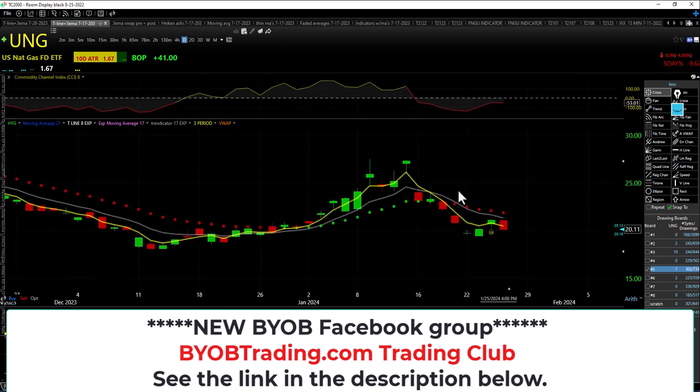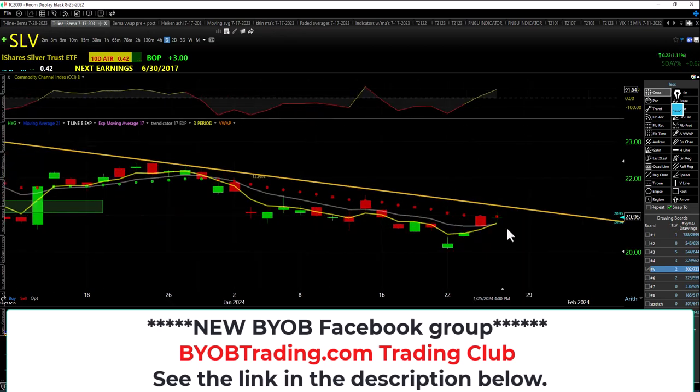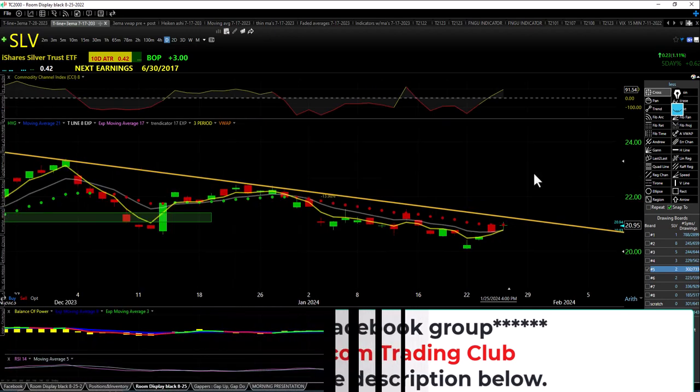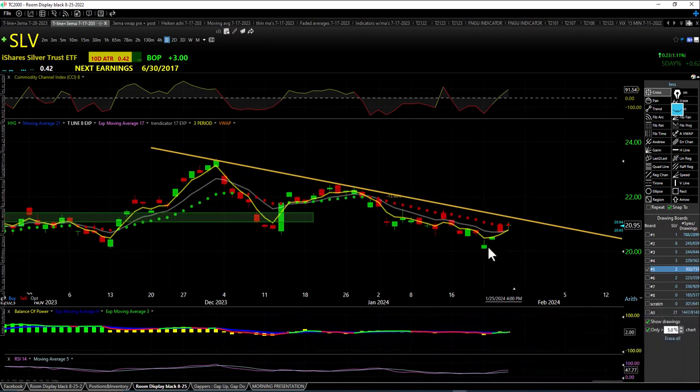Let's take a look at precious metals. SLV, higher low, higher high, closing over the trap, but below the trend indicator. Still in a downtrend there. See the downtrend? Lower high, lower low.